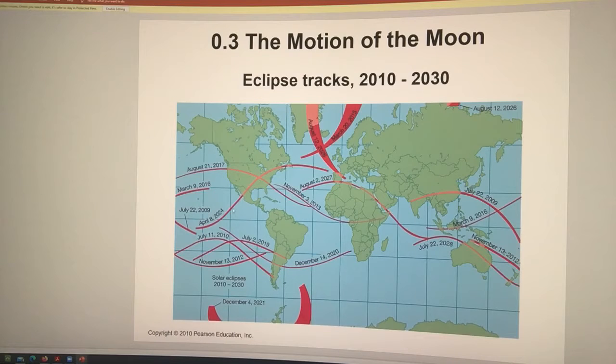On April 8th, 2024, the people located along this track here will be able to see a solar eclipse. People do travel to see solar eclipses because they don't happen very often.